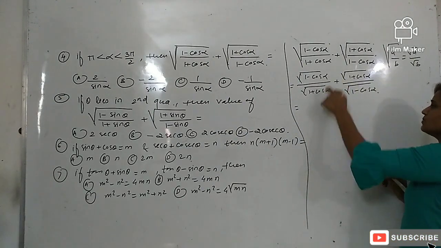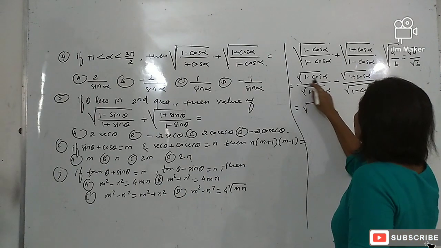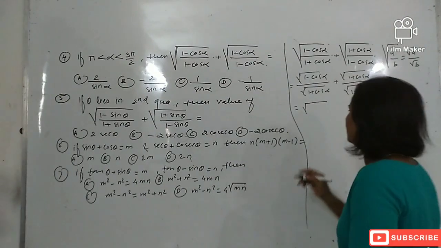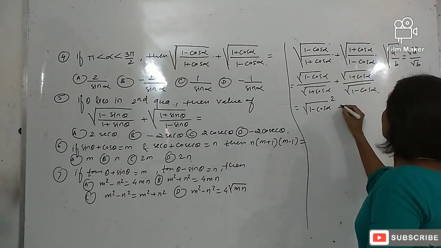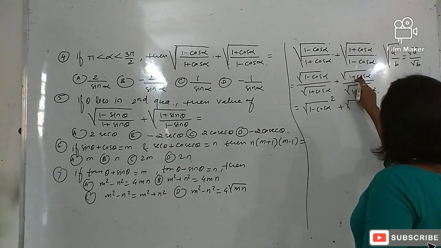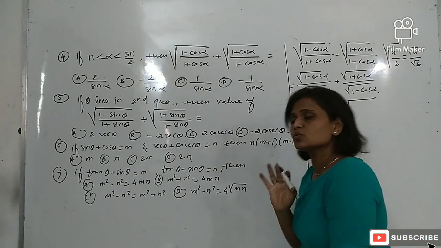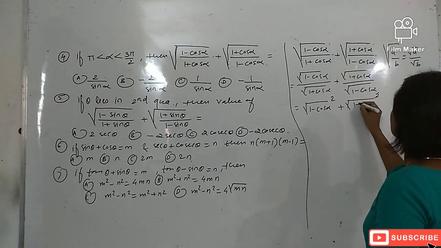Okay, so do cross multiplication here. So square root of 1 minus cos alpha and square root of 1 minus cos alpha, both values are the same. So this square root of 1 minus cos alpha will get squared, and similarly square root of 1 plus cos alpha and square root of 1 plus cos alpha, those values are also the same. So after cross multiplication, this also gets in the square form.